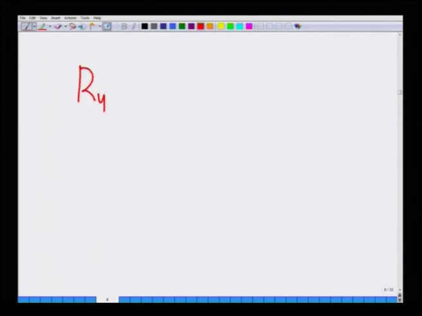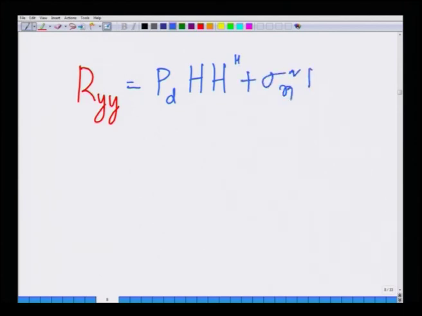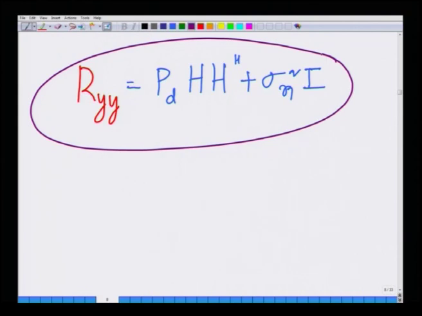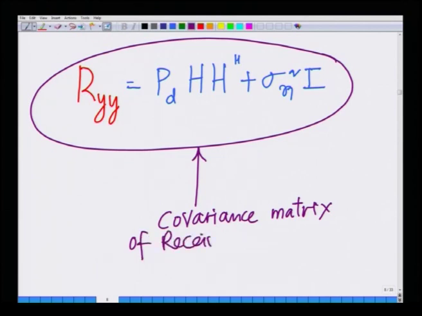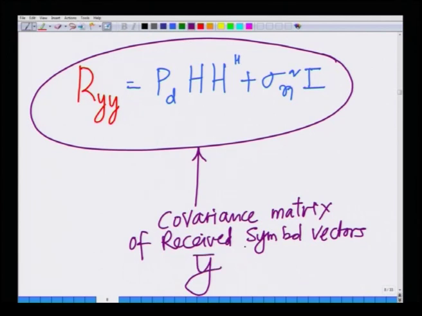That gives me a simple expression Ryy equals PD, because it is a scalar, H H Hermitian plus sigma n squared I. And this is nothing but the covariance matrix of the received symbol vectors y bar.